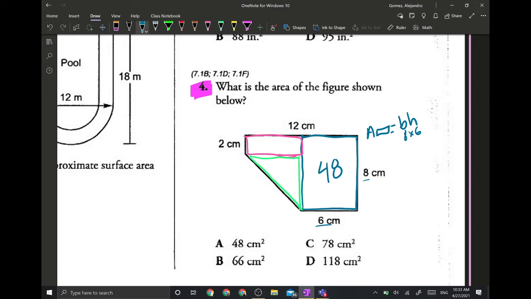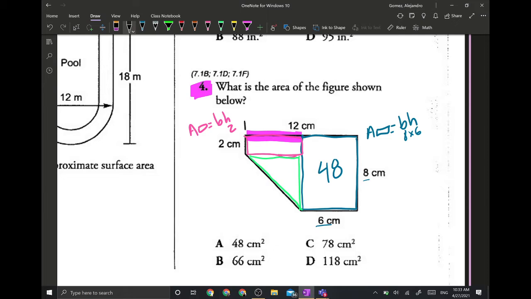Now, what becomes interesting is let's look at the pink rectangle. I know the area is going to be the same, base times height. I know what number is going to be 2, but I'm looking for this right here. I don't know what that is, but I can make conclusions using what I know.